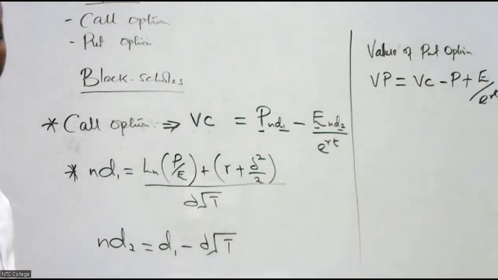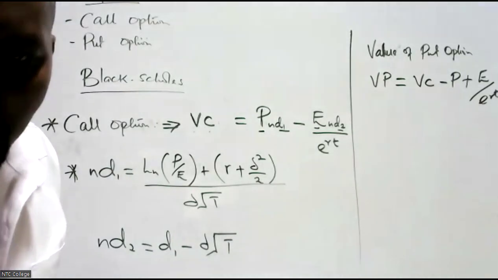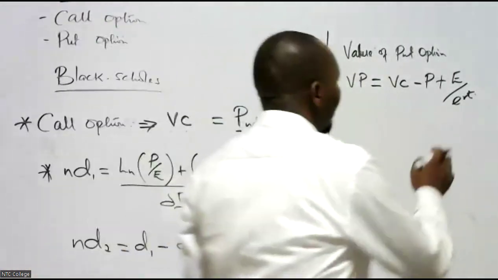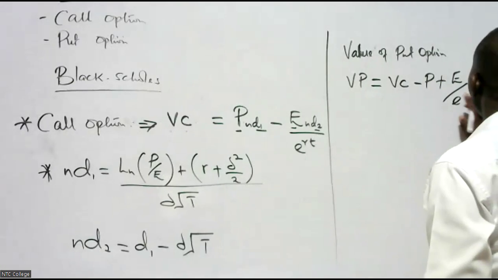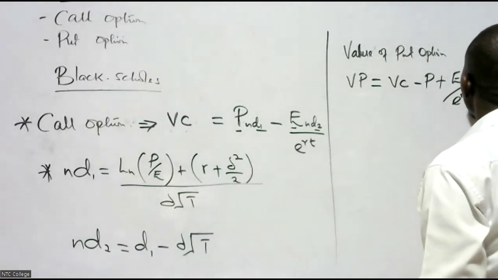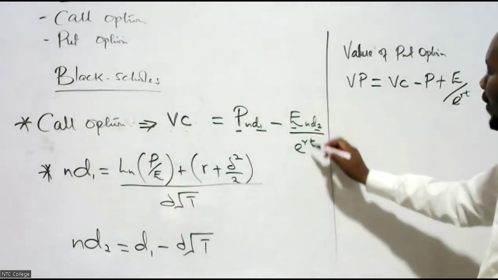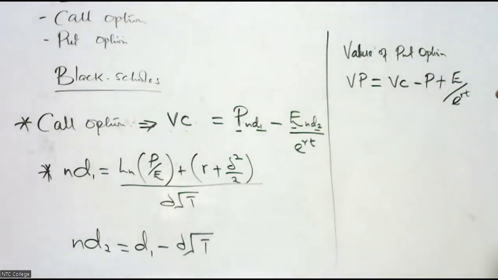Now, from what we did yesterday, this one is e^(RT). You'll notice that we have the bigger E, and then there is also a small e.